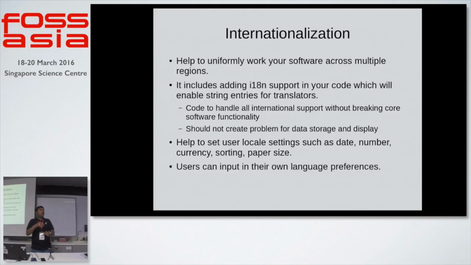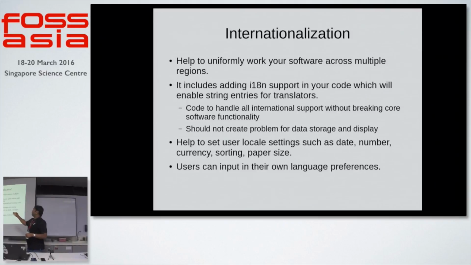Suppose you are aware of the Yum package manager, it shows you whether you want to download the packages or install the software. Likewise there are strings available in your software. So adding I18N support will make them available for the translator to translate them into their own language.